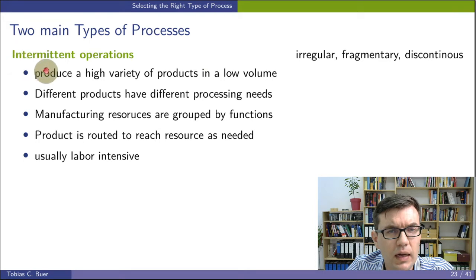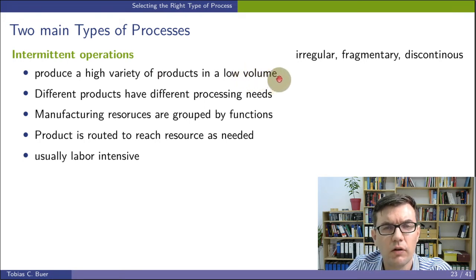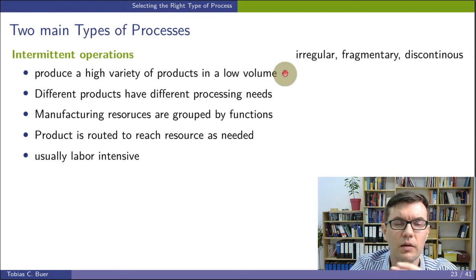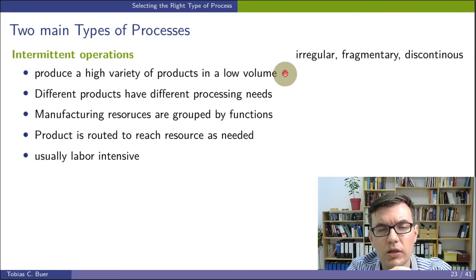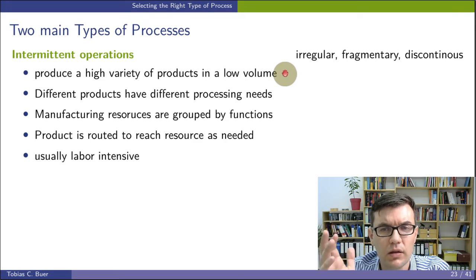Usually we use these types of operations when we want to produce very individual products and we have a low production quantity, a low production volume. So maybe we manufacture a customized product for a single customer, and another customer also gets a customized product which is completely different from the first one. We use intermittent operations when the different products that we want to produce have different processing needs.